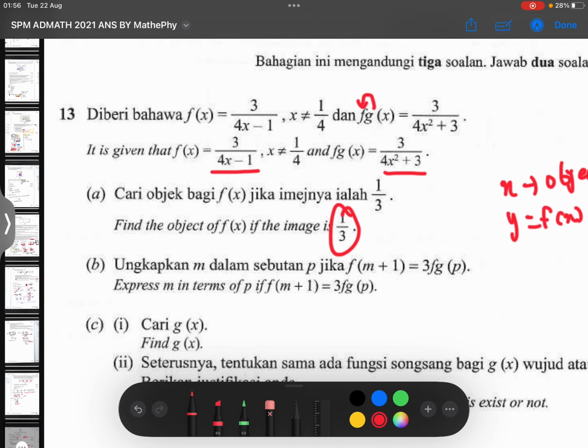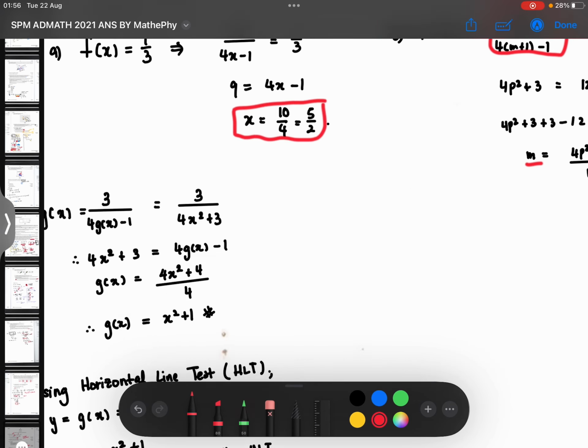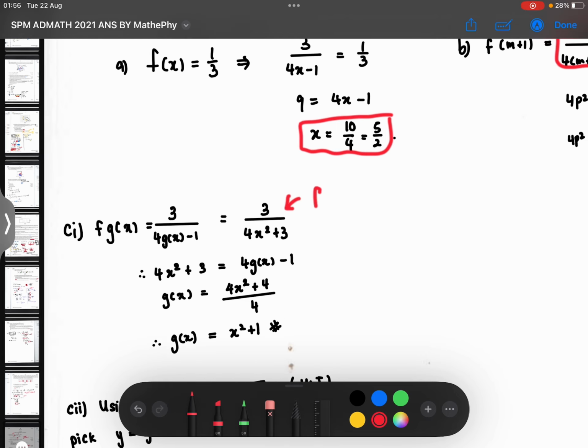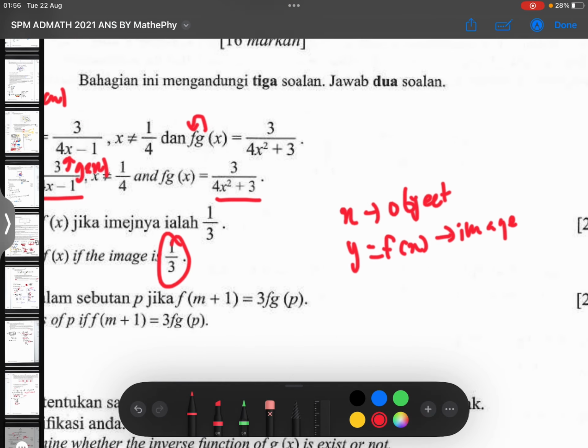So just imagine I have g(x) here, I just put g(x) here, g(x) here. Okay, so I'll get like this: 3 over f times g(x) minus 1 equivalent to this. So this is actually fg(x), the one given by the question over here.